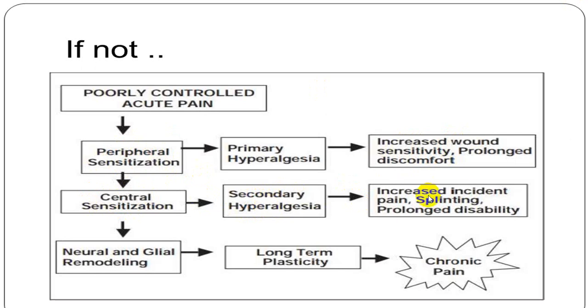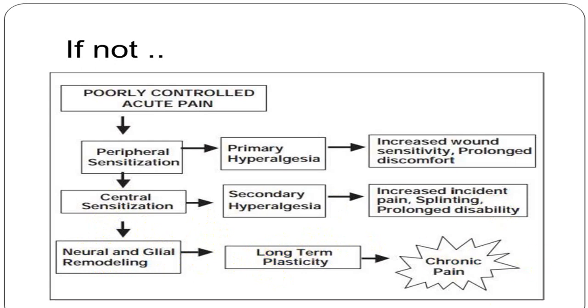Because of that, there will be increased incidence of pain and prolonged disability. This central sensitization now will give rise to neuronal and glial remodeling, and that will end up with long-term plasticity, that is increased muscle spasm, and that will produce chronic pain.